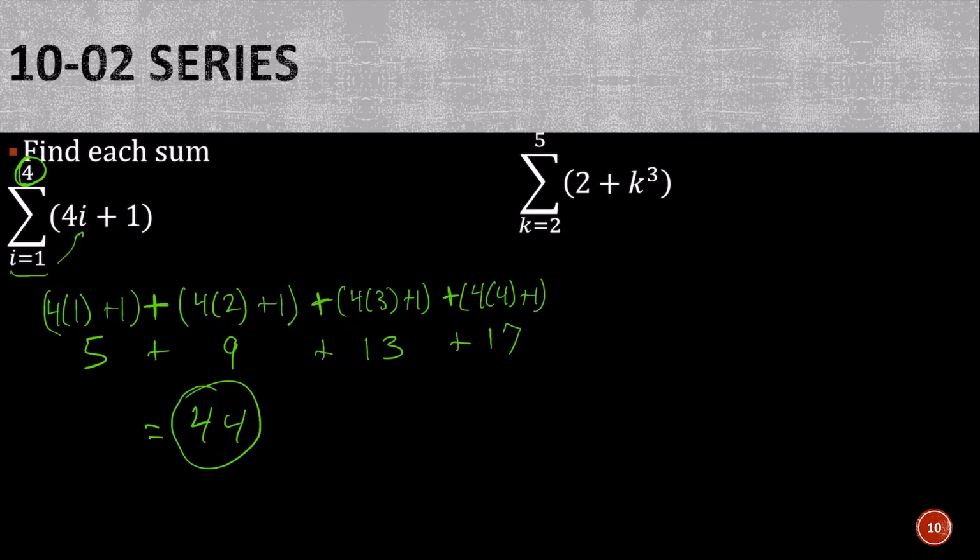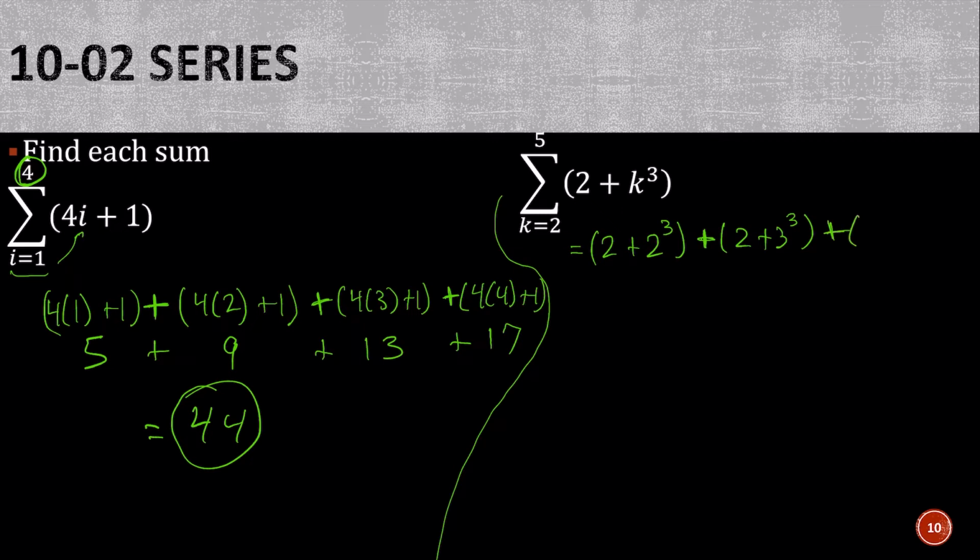Or we could try this one. Our lower limit is 2. So we start by plugging in a 2. So it'll be 2 plus 2 cubed, plus, plug in the next number, which is a 3, plus, plug in the next number, which is a 4, plus, plug in the next number, which is a 5, and then we stop because we've hit our upper limit.